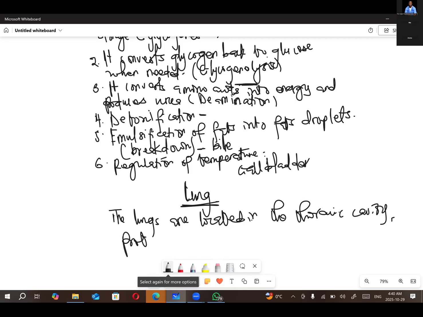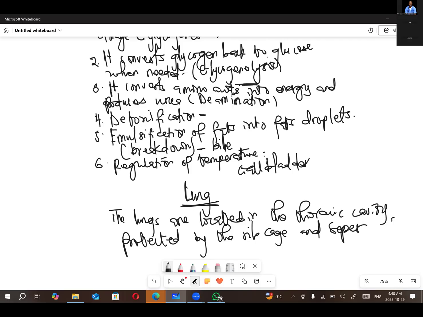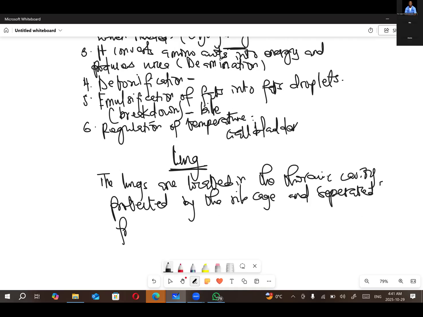Protected by the rib cage and separated from the abdomen by the diaphragm.